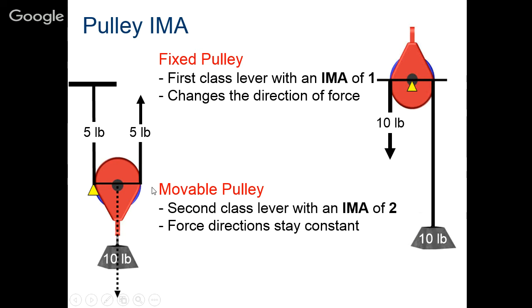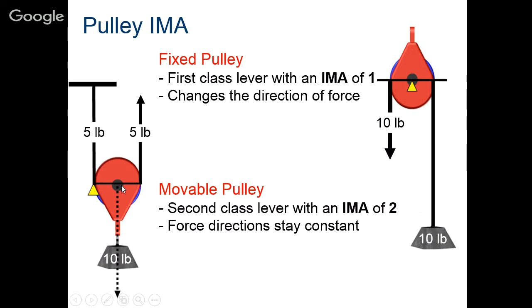The next one we have is a movable pulley. Notice they do draw our movable pulley as a second class lever. You'll notice the fulcrum here on this side, the resistance in the middle, and our effort going in the opposite direction on the end. You'll notice on this one that our effort is only half of what our load is.